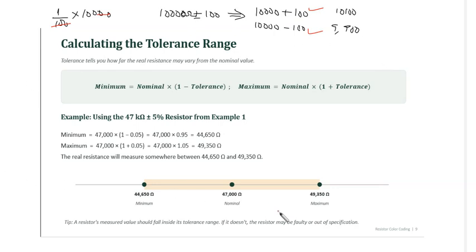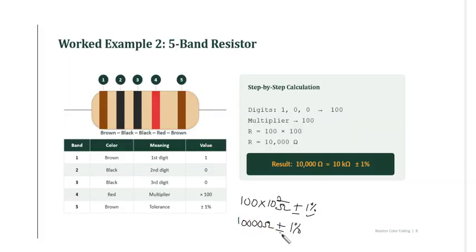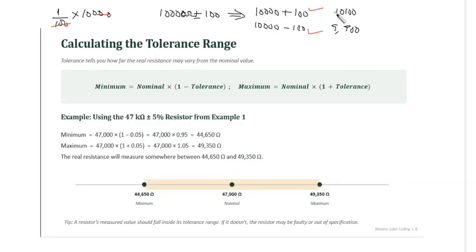So in reality, this means that the resistance value I've calculated can fall within this range. It can range from 9,900 ohms as the lower limit to 10,100 ohms.